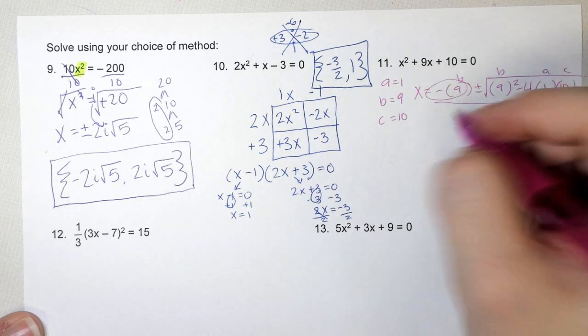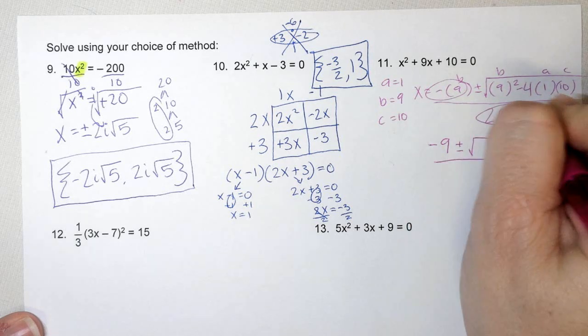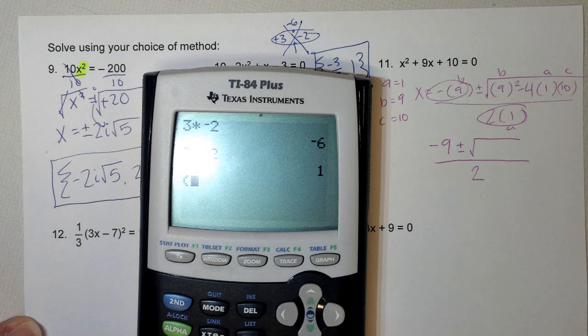So this gives me negative 9. 2 times 1 is 2. And then again, we type just what's under the house. We get 41.